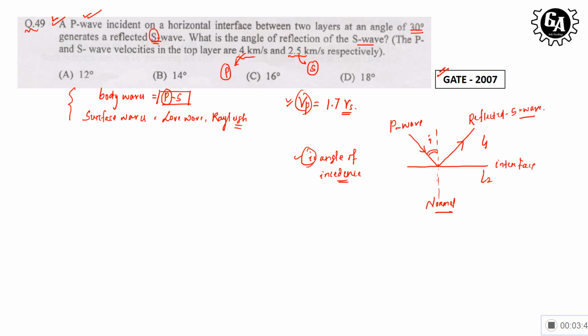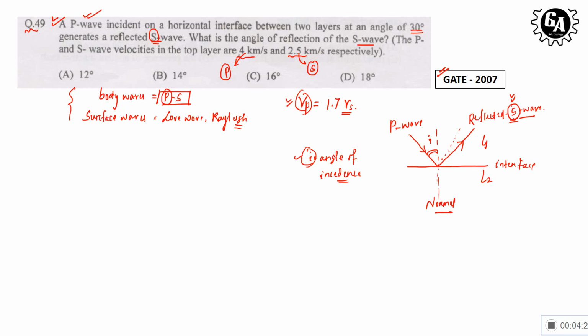So the conclusion is that a P wave can change to an S wave by simple reflection along an interface between two layers. And if the P wave is incident, there will also be a reflected P wave, maybe here or here, but we are not going to talk about that, because we are just concentrating on the question, that is the S wave.